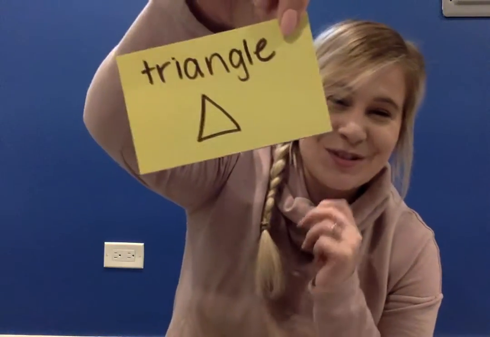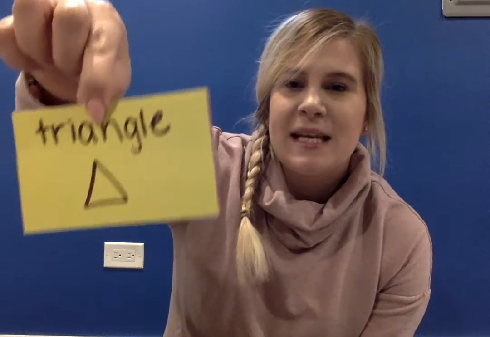But it always has 3 sides and 3 vertices. Do you know what shape it is? Can you shout it out? Triangle. Now, if I told you this shape is yellow, but I wasn't showing you the card, would you be able to guess? No, because yellow, the color of a shape, is not a defining feature. Good job. Let's keep going.